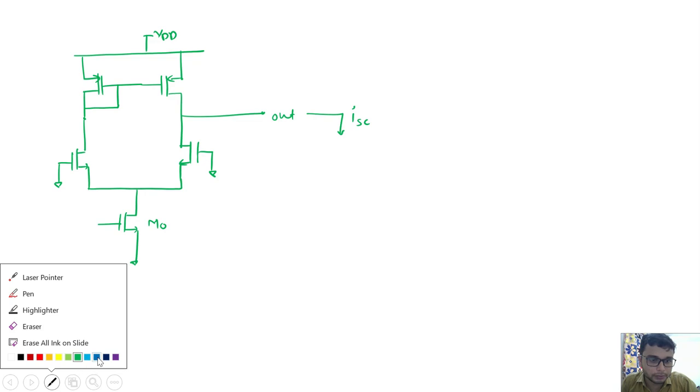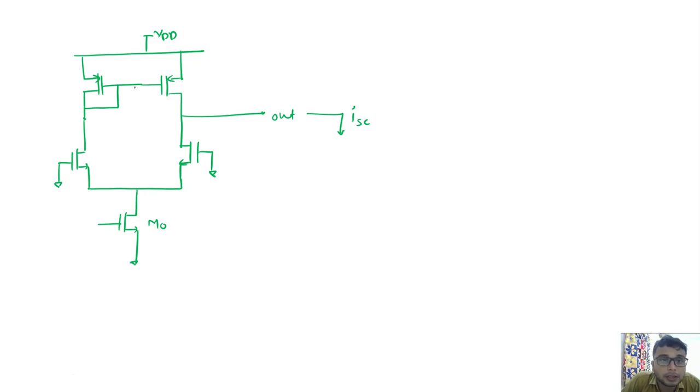So from here we can see, if there is a mismatch between these two devices, then we are free to consider del VT here. And again, if the inputs are shorted, the current mirrors are not getting voltage from anywhere because the input devices are off, but due to this del VT, there is a possibility of generating some VGS on either side.